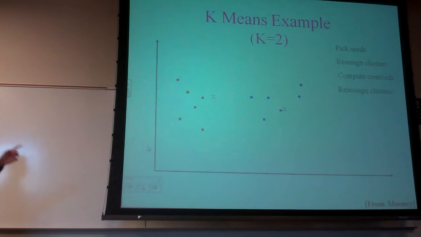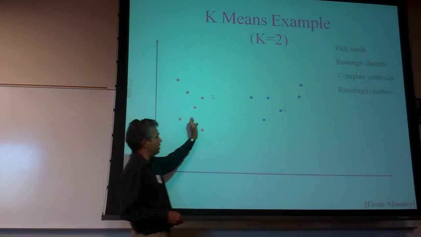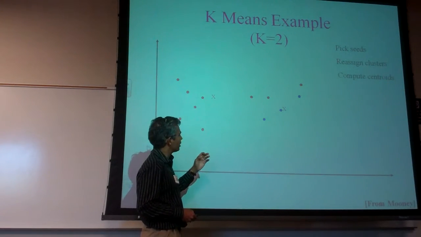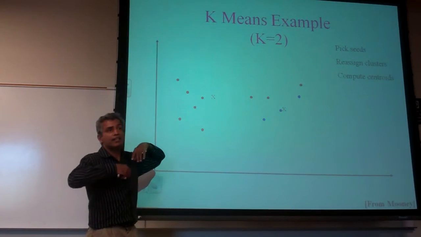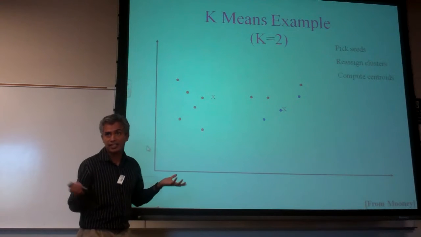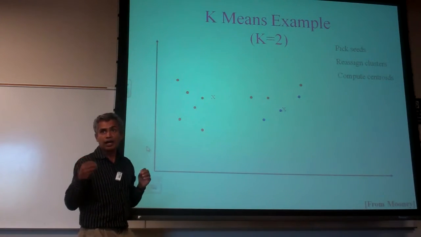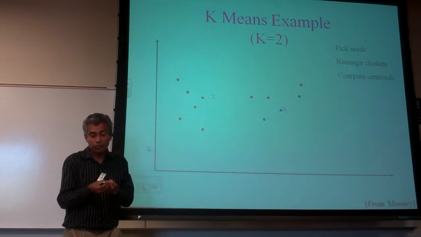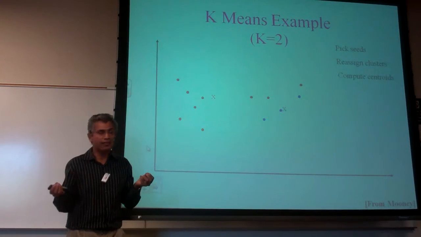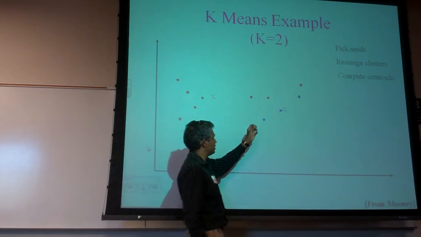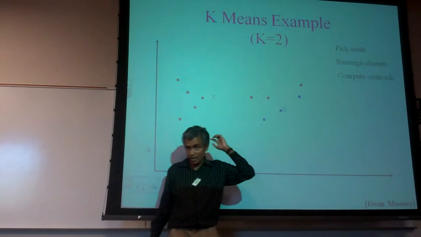So, you have the centroids for the red here and the blue there. In the next iteration, everybody synchronously decides again which cluster they belong to, by looking at their distance to the centroid.